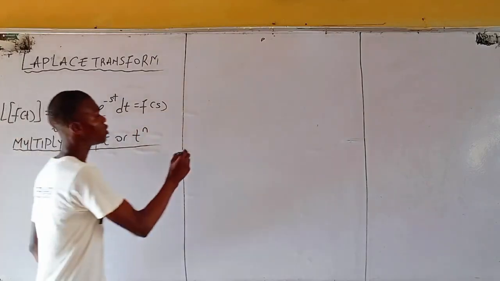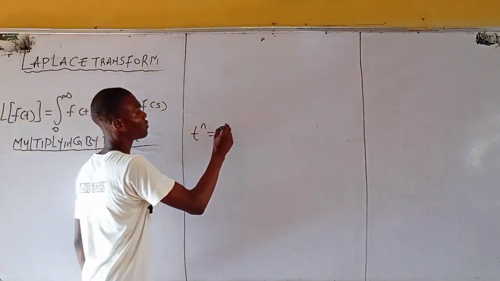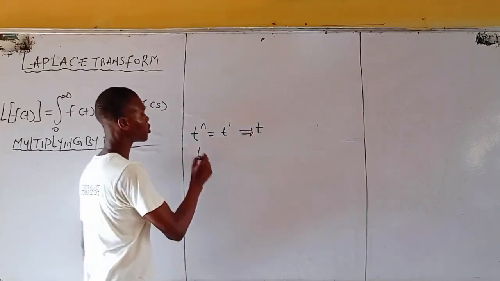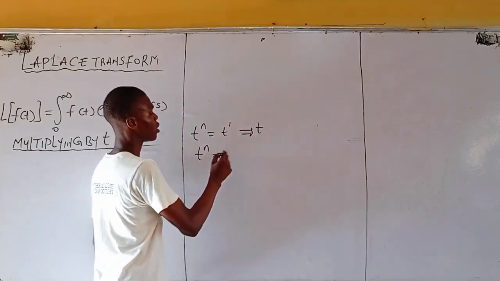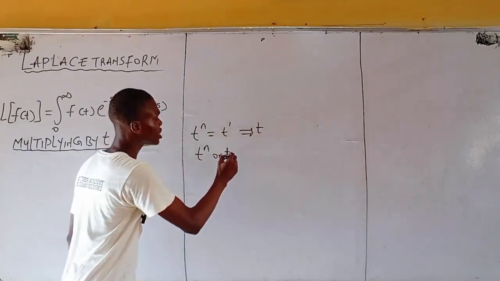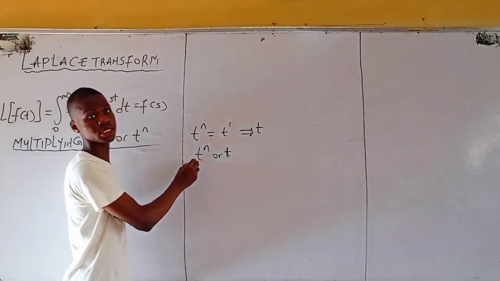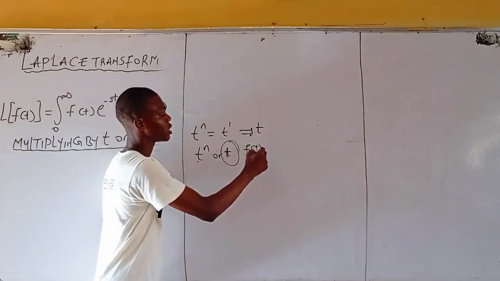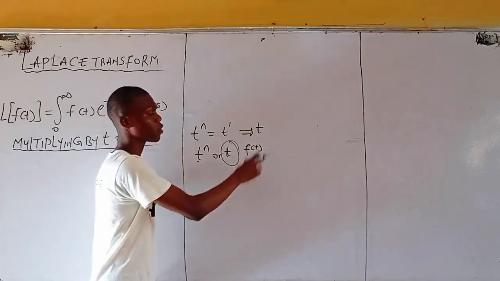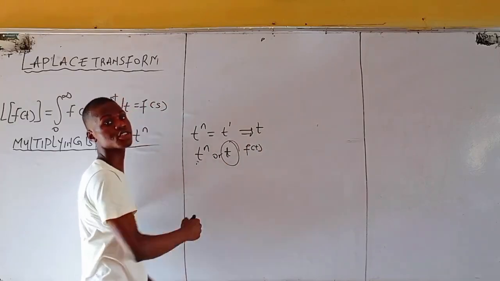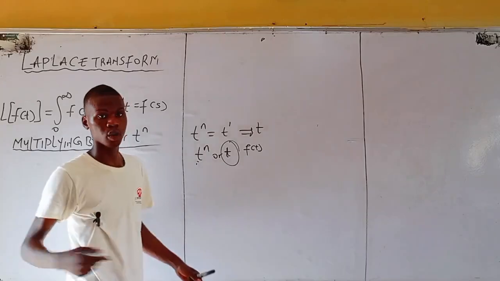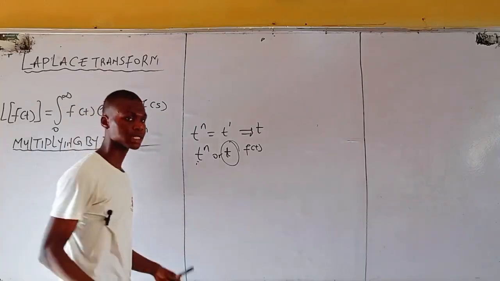By t raised to the power of n, with n equal to 1, you have t raised to the power of 1, which implies t. So multiplying by t raised to the power of n, or t, is the basis we are going to use to learn this. If I have the transform of t multiplying f of t, then from the result I can get t raised to the power of n, where n is a real number: 1, 2, 3, 4, 5 and so on.